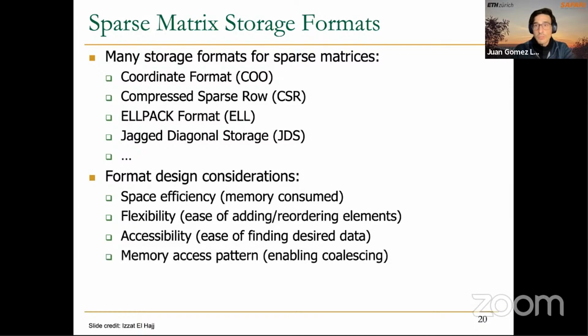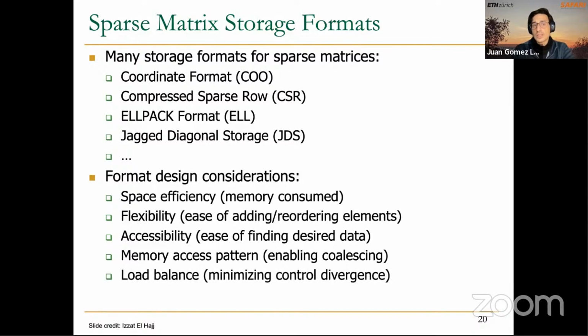And also, it's important to think about how good the algorithms implemented using these storage formats are going to be. One of the things that is important here is the type of memory access pattern, right? Because that relates to how efficient the access to the memory of the GPUs is, whether the accesses are coalesced or not, essentially.